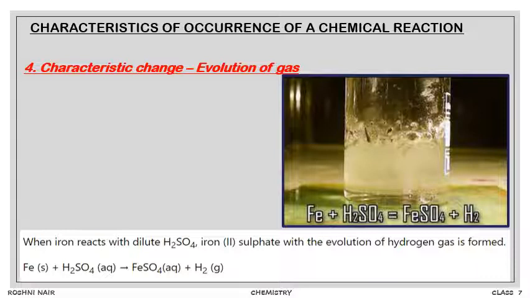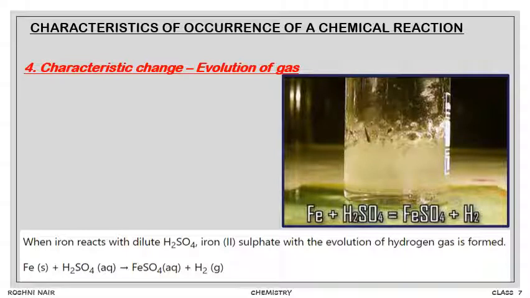When you're writing the equation, how do you write? Iron, that is Fe, which is solid in form, reacts with H2SO4, which is dilute in nature, aqueous solution. AQ in this chemical reaction denotes aqueous solution, right? So H2SO4 aqueous gives, what is the final product we are getting?